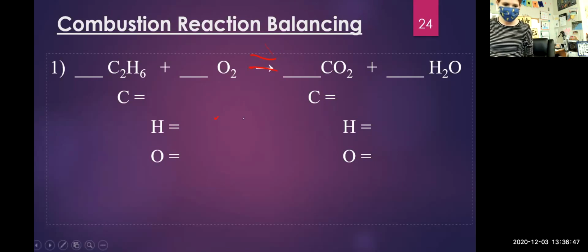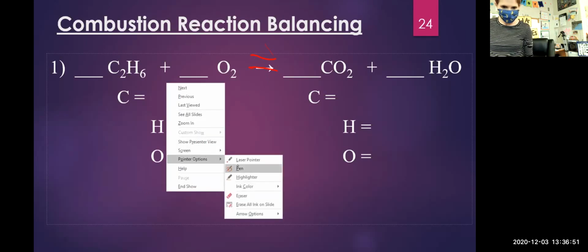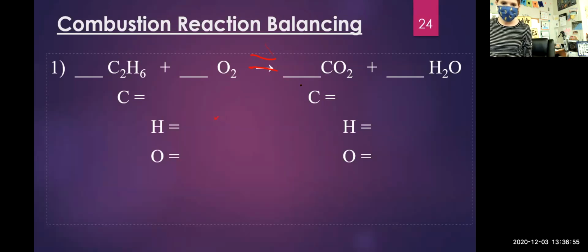As always, we're going to treat the arrow like an equal sign. Then we're going to start with our carbons. On the left side, how many carbons do we have? How about on the right side?